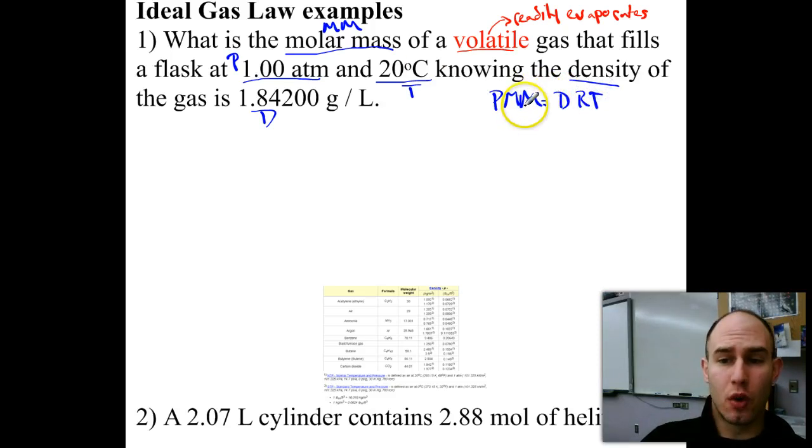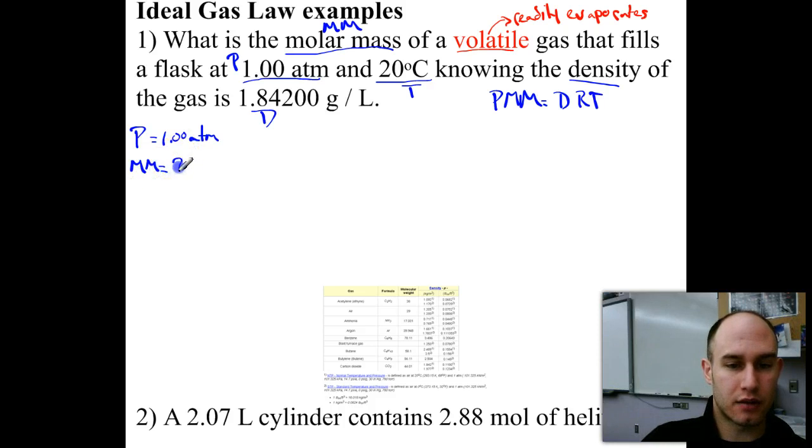And it wants to know what the molar mass is. So let's identify our variables here. Pressure, I'm given as 1 atmosphere. The molar mass is unknown. That's my question mark. Density, I'm given as 1.842 grams per liter.